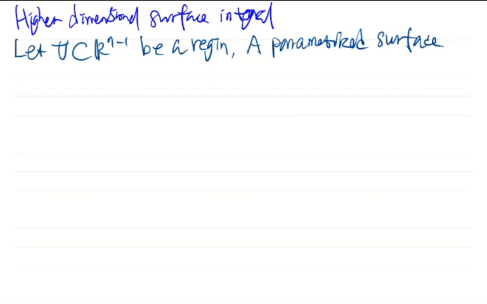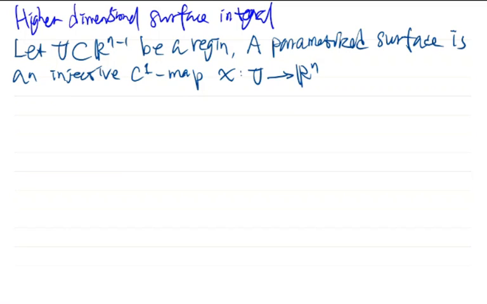A parametric surface is an injective C1 map, denoted by X, from U to n-dimensional space, such that... Not every injective C1 map can be called a parametric surface. It needs to satisfy additional conditions. The first one: the derivatives are bounded.